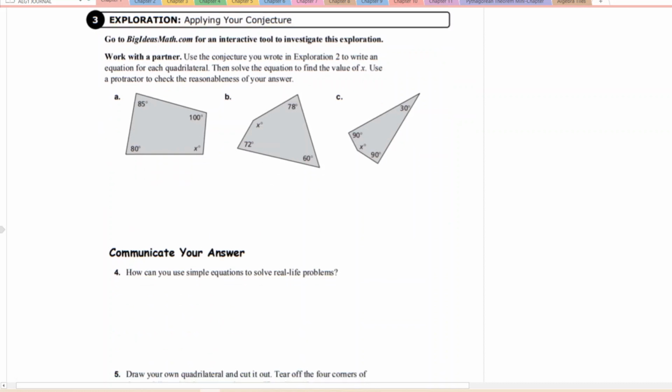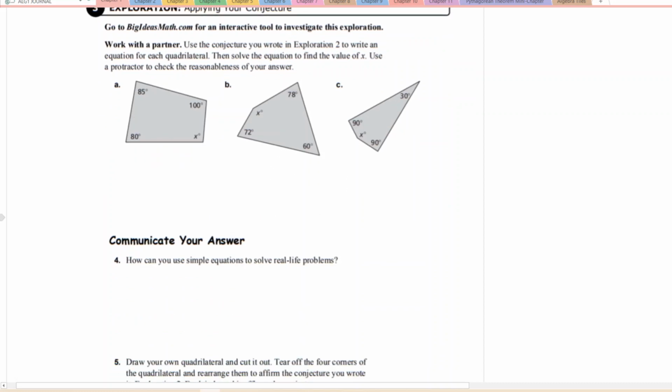Now we could do more here. If this conjecture was true, that means if I added all of these together for quadrilateral A, I should get 360 degrees. So if I added 85 plus 100 plus 80 plus x, whatever x is, I don't even know what x is.